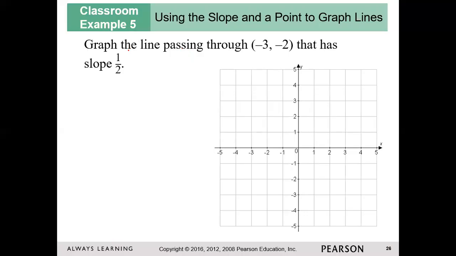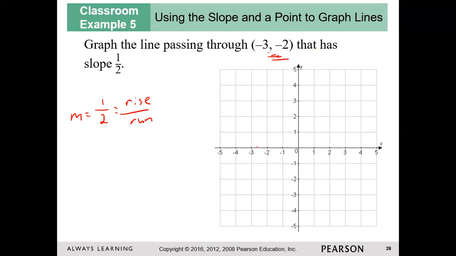Okay, so the graph passing through the line, this point right here, (-3, -2), has a slope of 1/2. Again, slope m is equal to 1/2, which is a rise over a run. So what we do, and remember, slope is a rise over run from one point to another point.